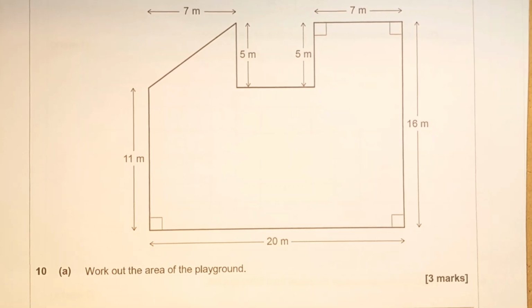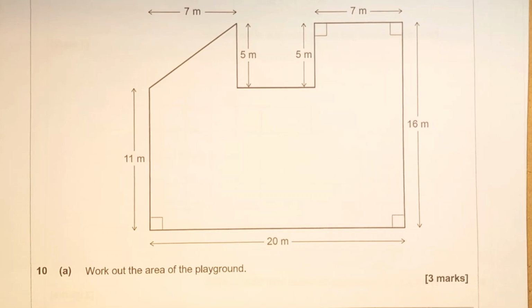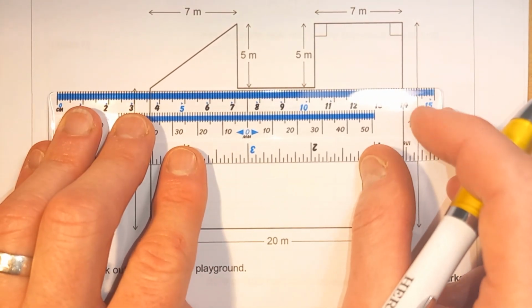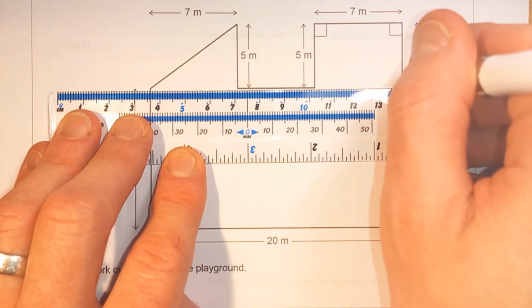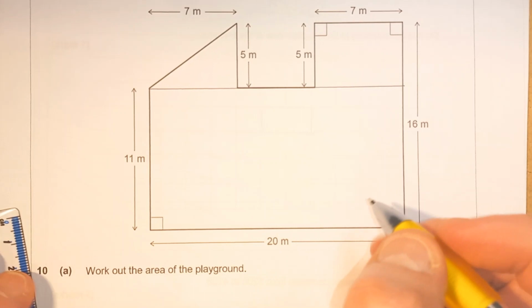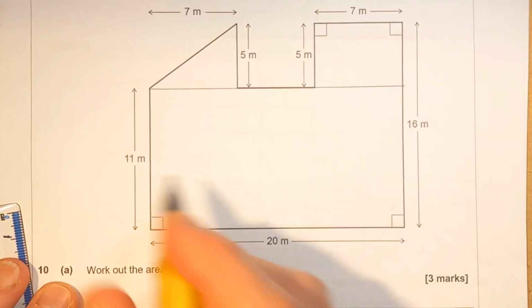Okay, right. So how are we going to do this? Well, it's not a standard rectangle or any other shape we can easily work out. So what we're going to have to do is split it up. And what I'm going to do is split it up this way. Now, by doing that, I can say, well, I've got a rectangle here.